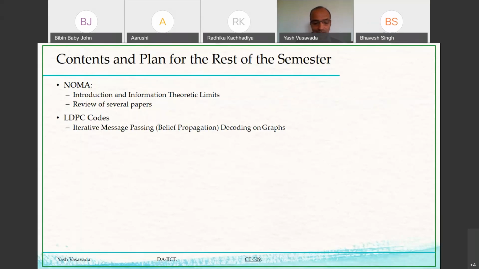And also these LDPC decoding methods, again after some modifications, the basic concept has been applied to compressive sensing as well.